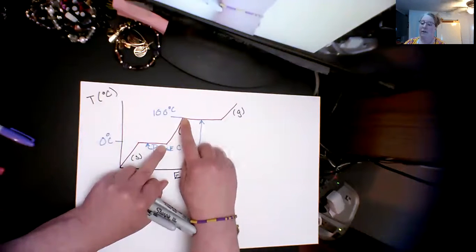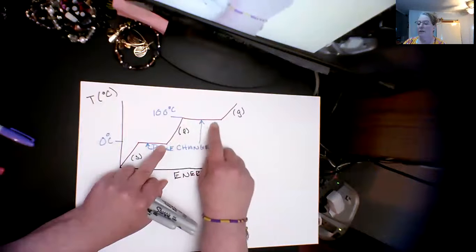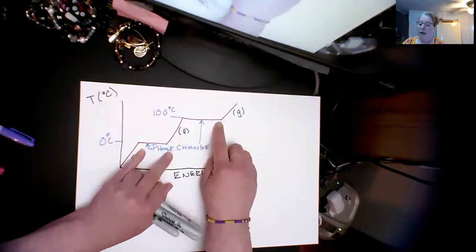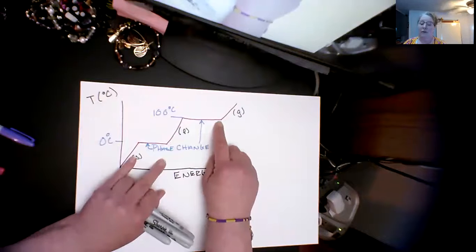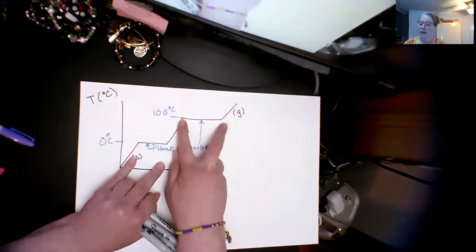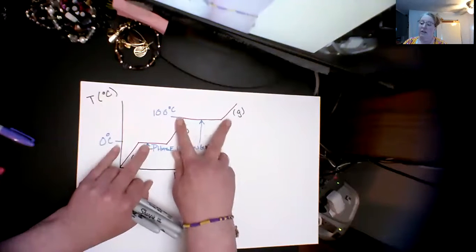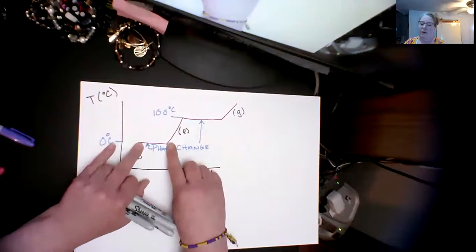I get to my plateau, and I'm like, oh, look, that plateau is a lot longer than this one. Looking at this heating curve, it tells me that this interaction from my liquid to my gas, I'm having to break some really strong intermolecular forces here, or actually less energetic intermolecular forces there than I have here.